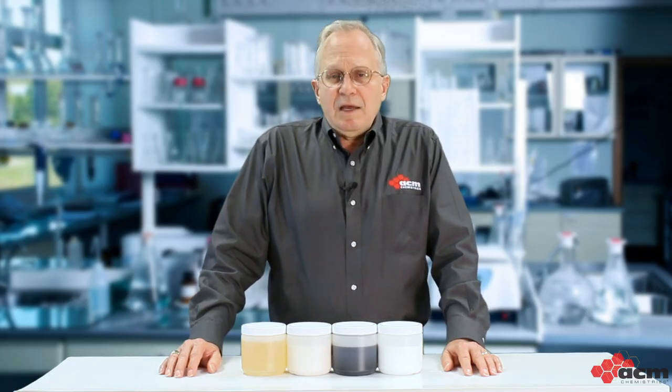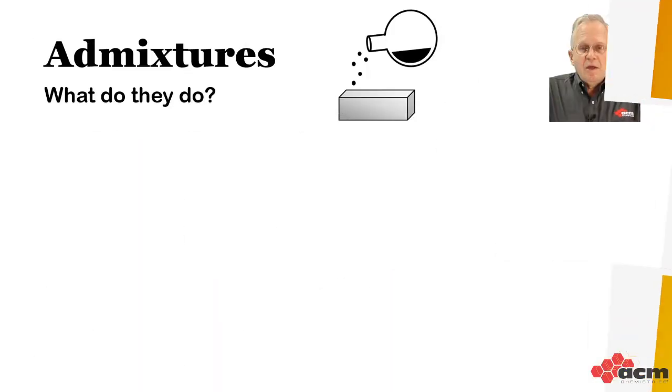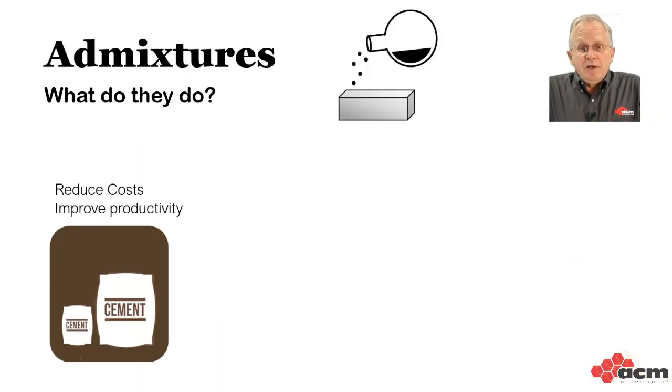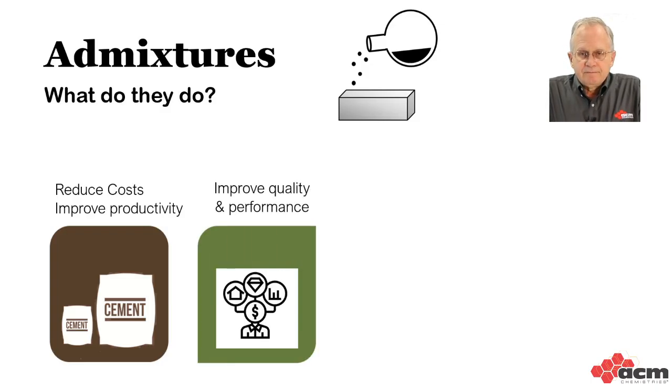So why do we use admixtures? We can use them to help reduce the cost of production, perhaps by reducing the amount of cement we need to use, or allowing us to make more units per hour, increasing productivity. We can use admixtures to improve the quality of our concrete, such as increasing the compressive strength and density, or reducing the absorption of our units.